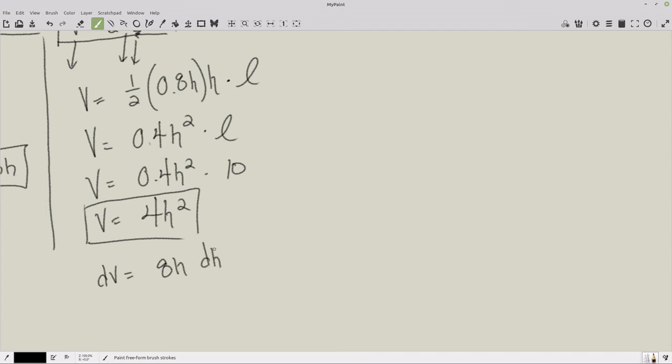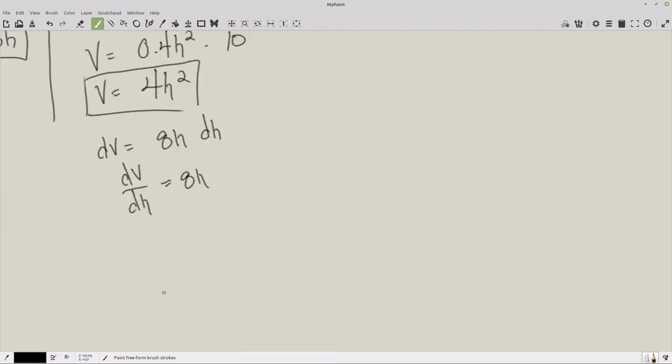Just as before, I could move this h over, and what I have is telling me the derivative of v with respect to the derivative of h equals 8h. That's interesting, but the volume is feet cubed, so the change in feet cubed over the change in feet, which is the height, equals 8h.